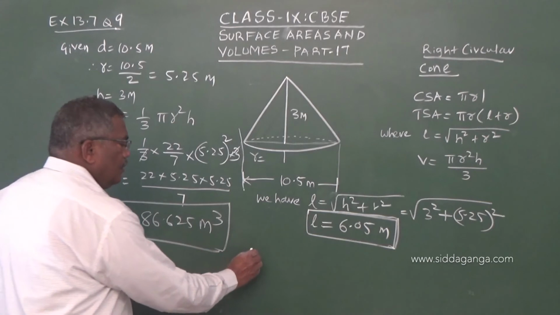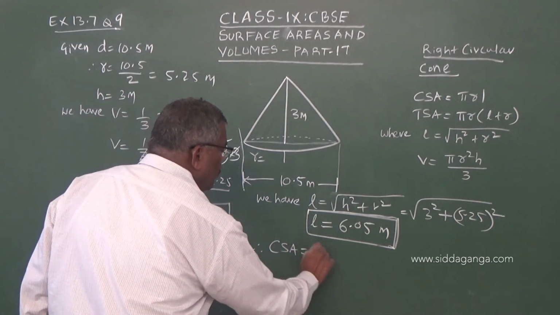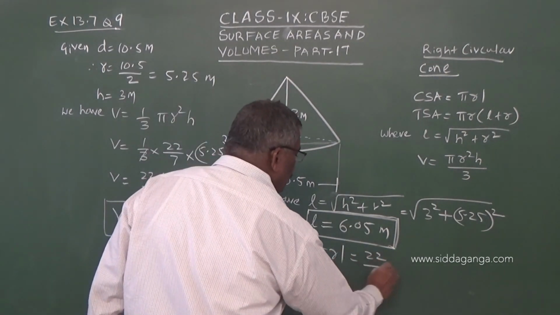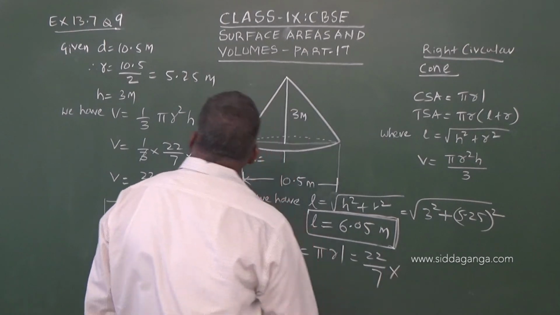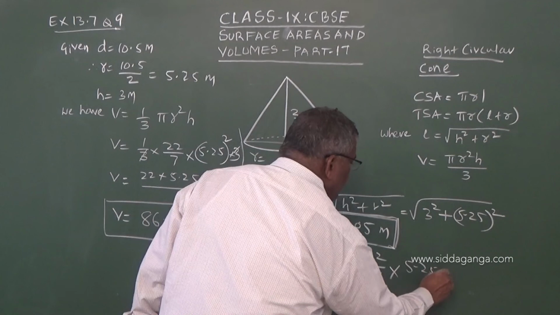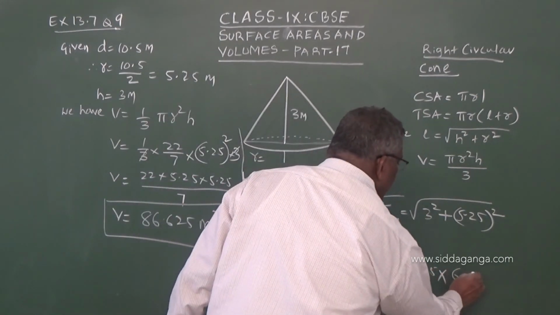So therefore, curved surface area is equal to pi r l, that is 22 by 7 into r is 5.25 into l is 6.05.